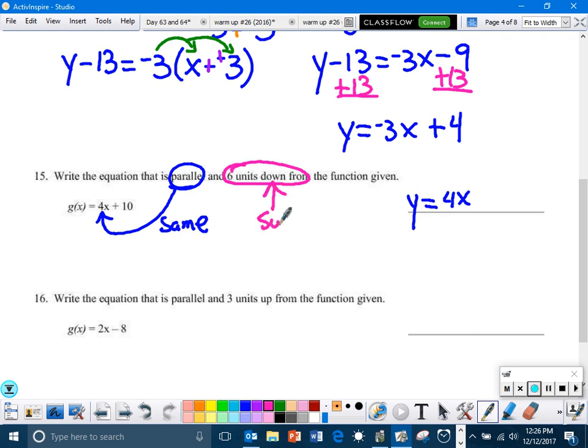Down means subtract. So I am going to subtract 6 from the 10 and I get 4. So that means my y-intercept is plus 4. If it said up, then we would add.